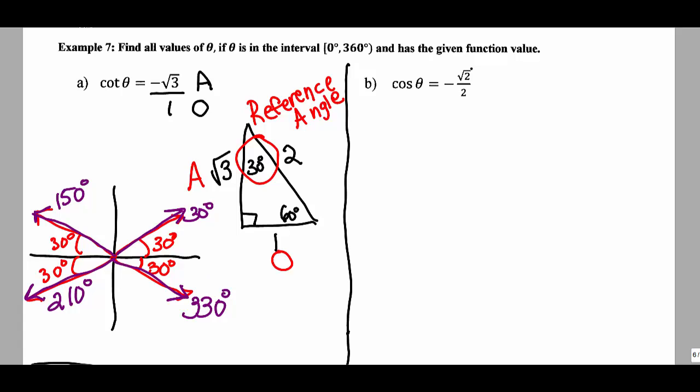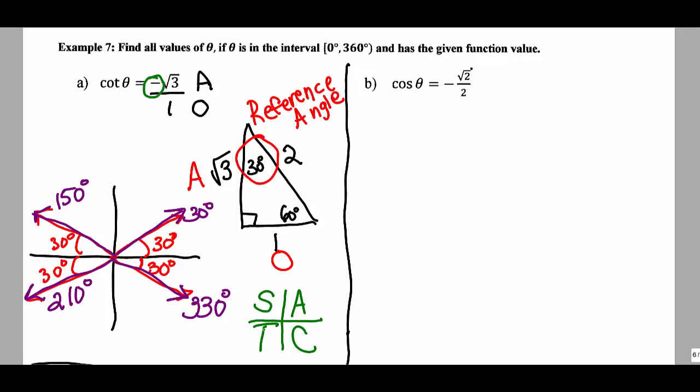Now what angles are we actually referring to? Well, one thing that we haven't considered yet is this negative here that's on cotangent. Where is cotangent negative? Let's draw our little helpful chart here. We said that it's all students take calculus. So we're talking about cotangent.